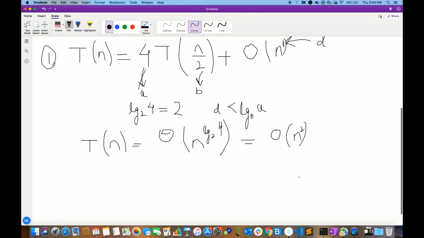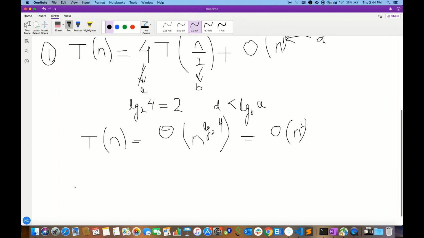Now considering binary search as a second example, the total amount of work that needs to be done will be somewhat T of n by 2 plus 1.